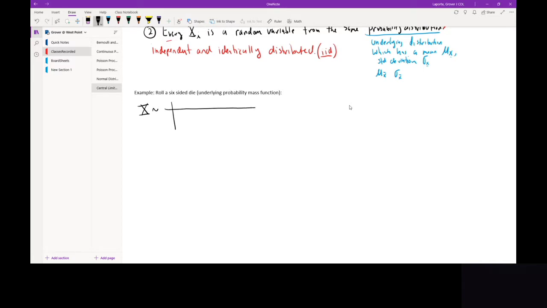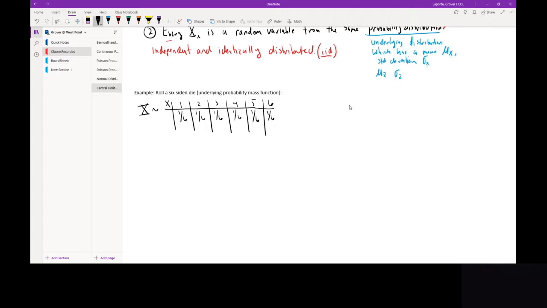People use the die a lot because it's an easy one, especially a fair die: 1, 2, 3, 4, 5, 6, and we have 1/6 probability of being in any one of these 6, the support for this distribution.